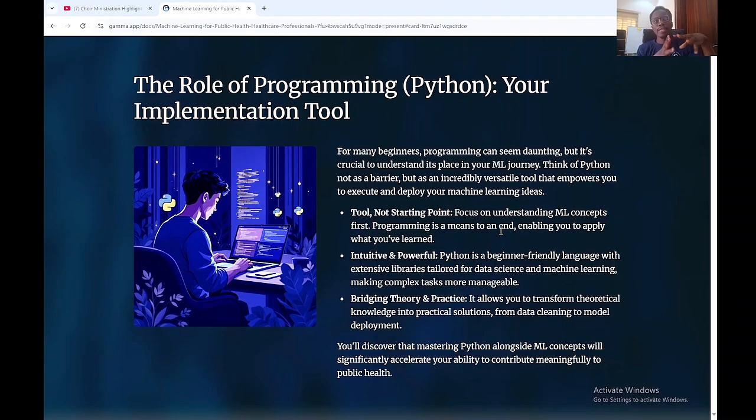Another thing is that you need to bridge theory to practice. It allows you to transform theoretical knowledge into practical solutions, from data cleaning to model deployment. So you discover that mastering Python alongside machine learning concepts will significantly accelerate your ability to contribute meaningfully to public health.